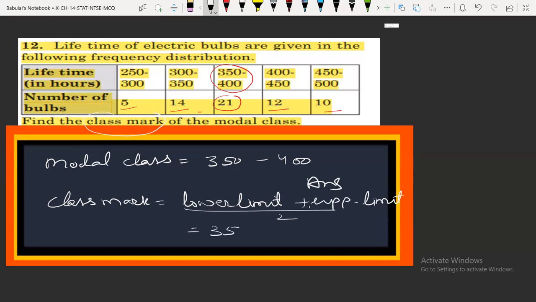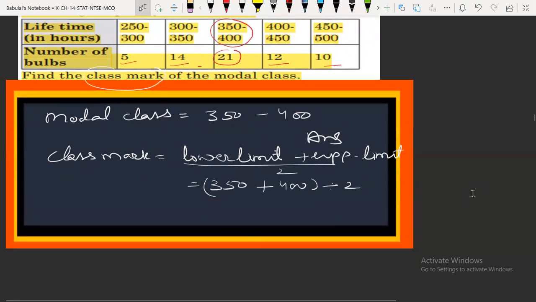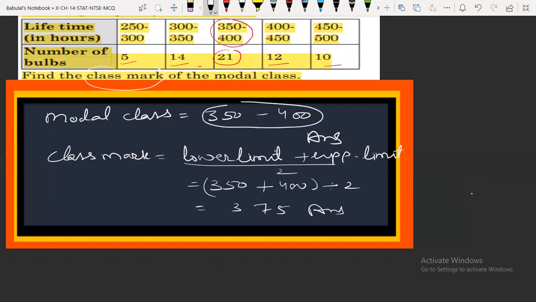So 350 plus 400 divided by 2, on division, we can write here, this is 375. Answer: the modal class is 350 to 400 and the class mark of the modal class is 375.